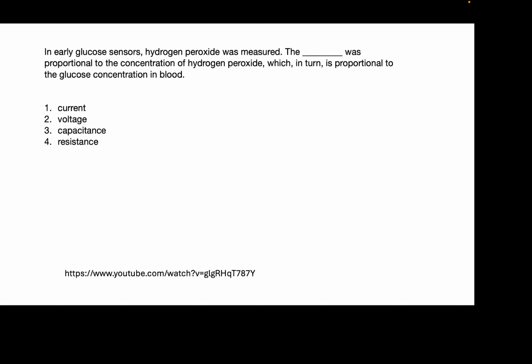I'll give you 30 seconds to attempt this. If you are aware of it, please feel free to answer in the chat box. Otherwise, we are going to see a basic information video on continuous glucose monitors. Time starts now.